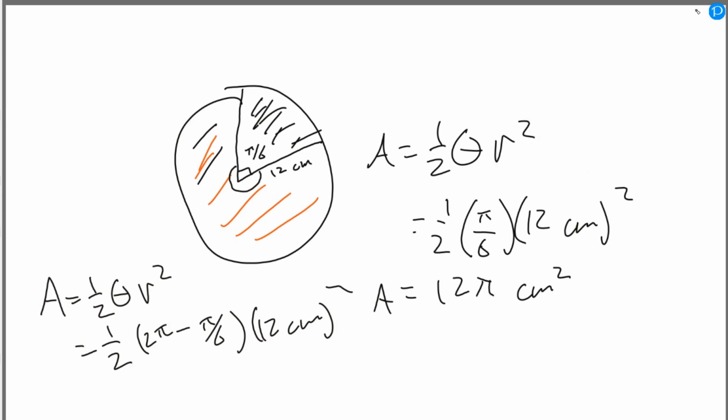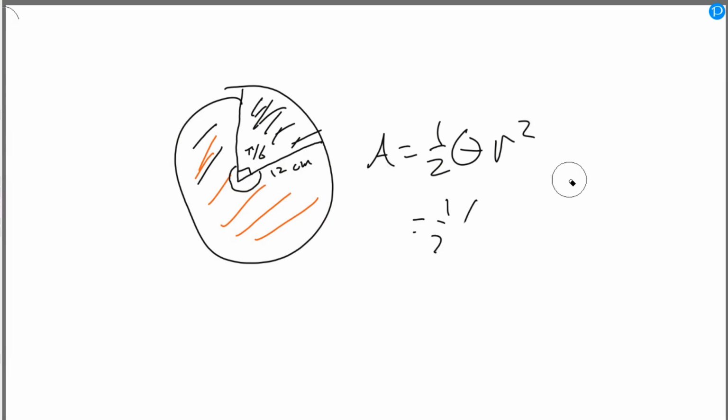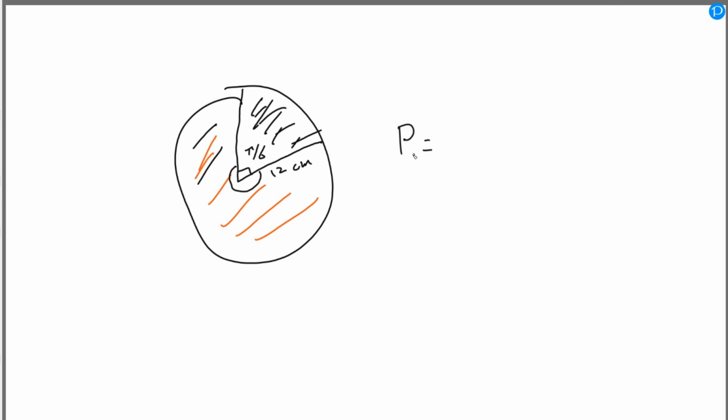Now for the perimeter, we can also look at that. So the perimeter for a sector will equal the arc length plus 2 radii.